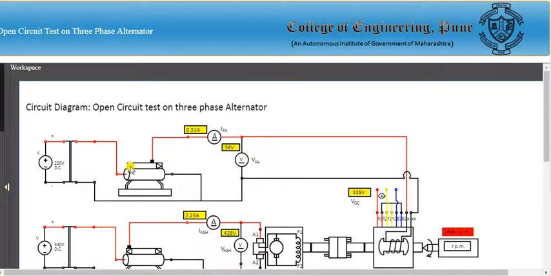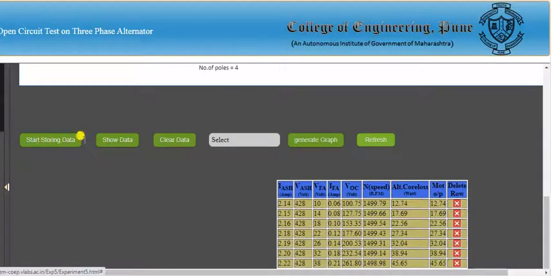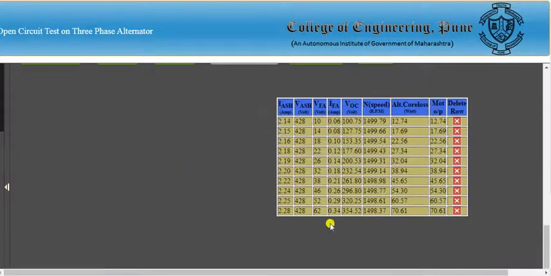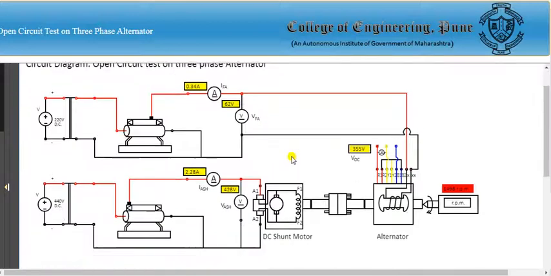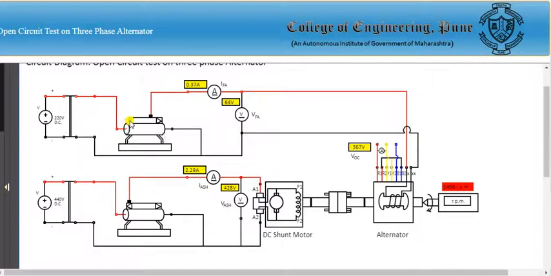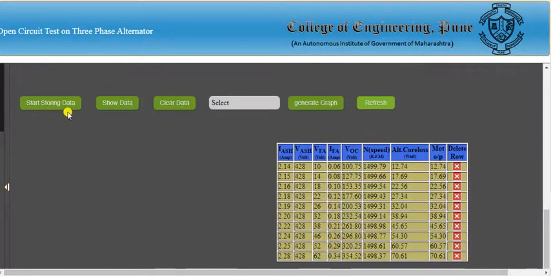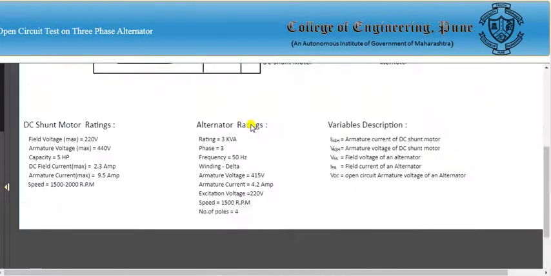Again increase, now it becomes 355 volt. Store, show data. Then you can see here the next row of the observation table. Then increase, it becomes 373 volt. Store data, show data.